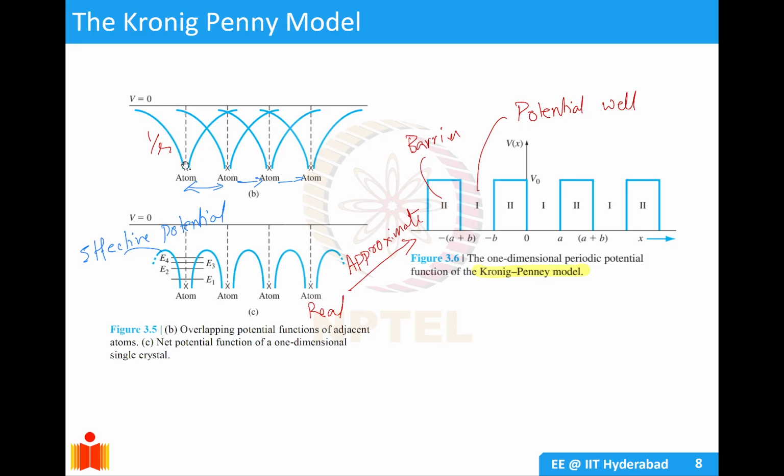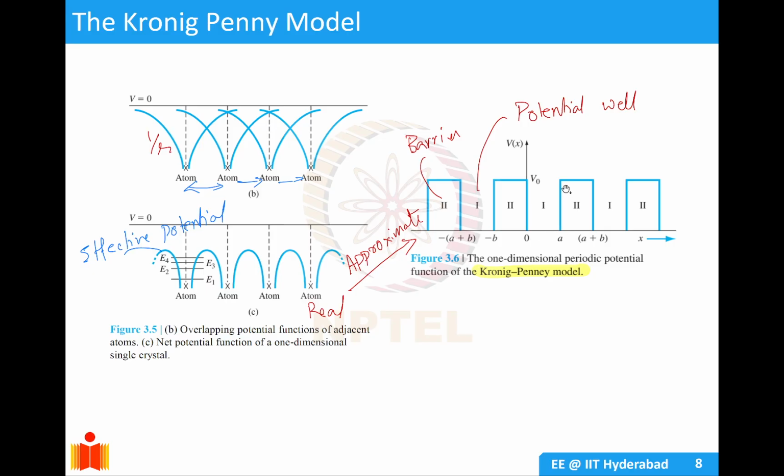The well will be like this, that we have studied. And then the effective well will be like this. Then we approximate these curved states to rectangular barriers. So we assume that there are potential wells and then potential barriers, and this is an ordered structure.